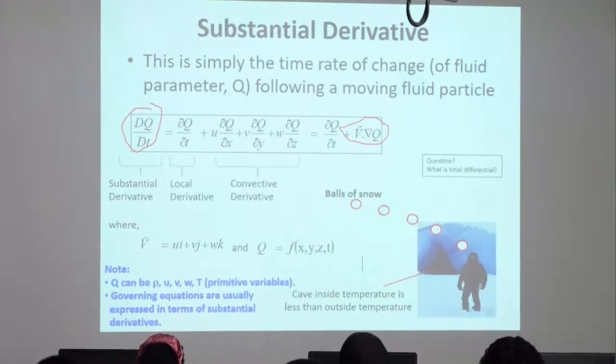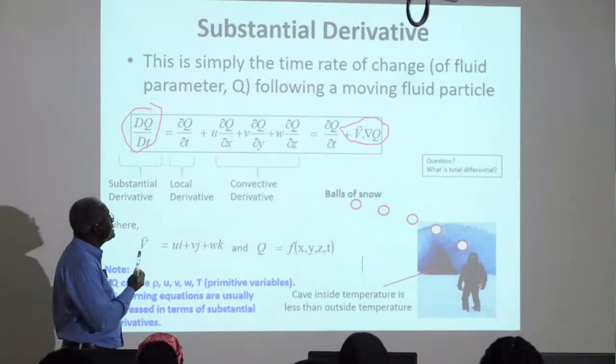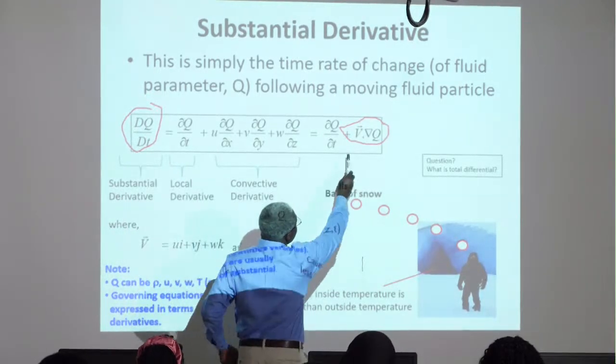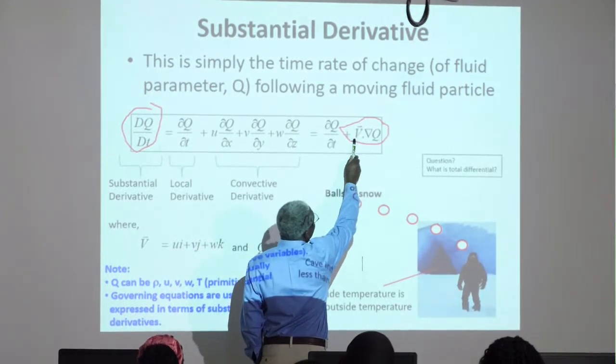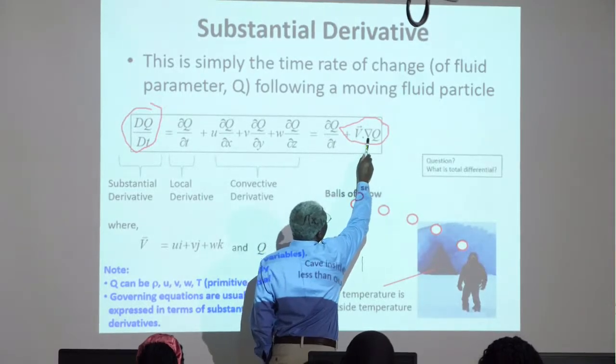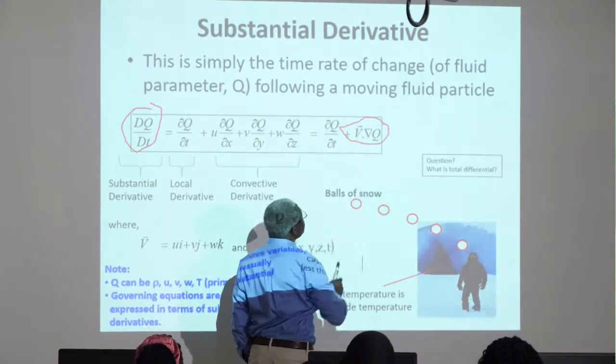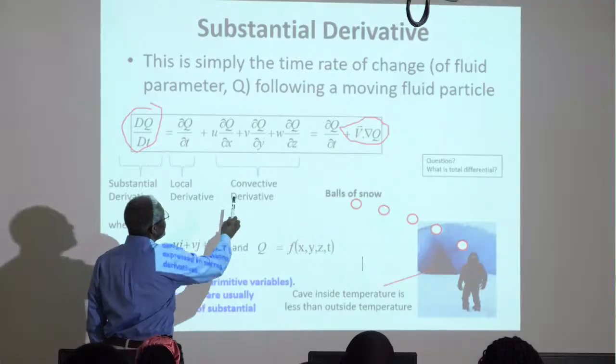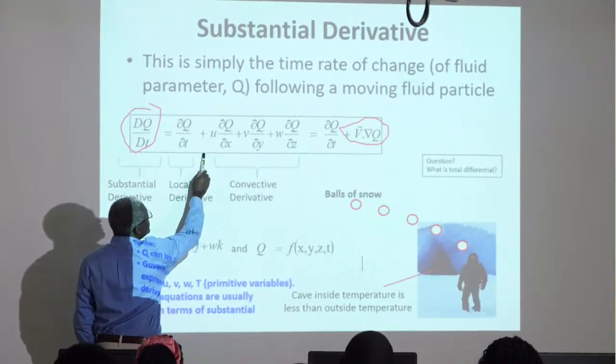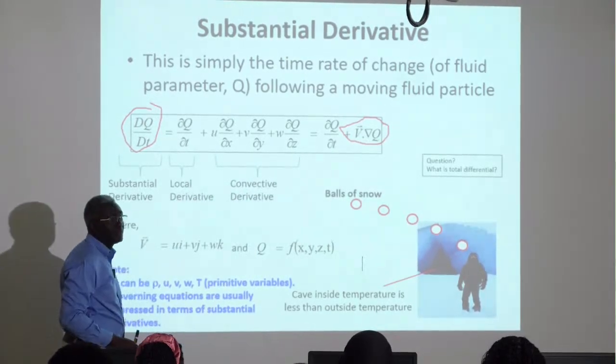So what I'm saying is that the dot product of this velocity vector and the del of the scalar q is represented by the convective derivative.